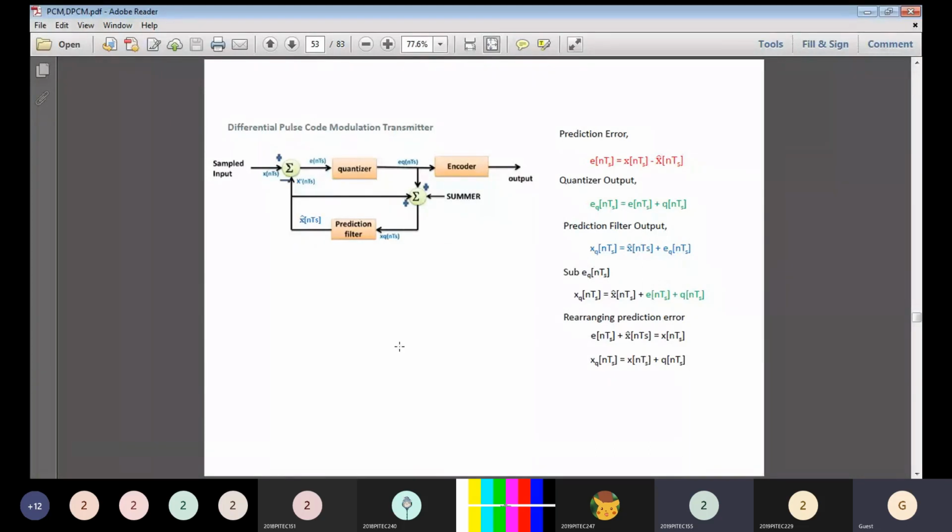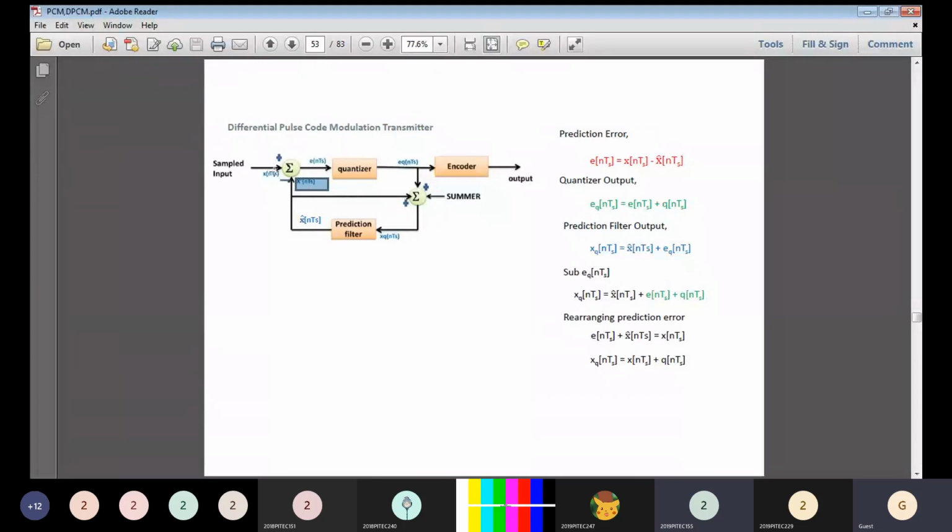This is the concept. So we have the input signal here. The input signal sample value is simply said to be x of nTs. That x of nTs is going to the summer. Basically x cap of nTs is the prediction value of the previous sample. In the first iteration we consider it to be 0.